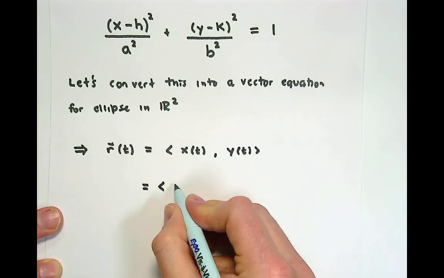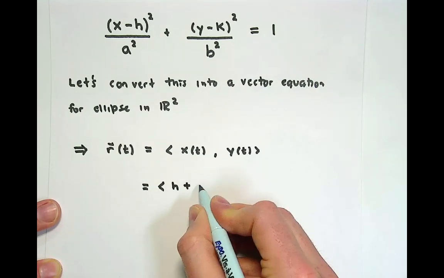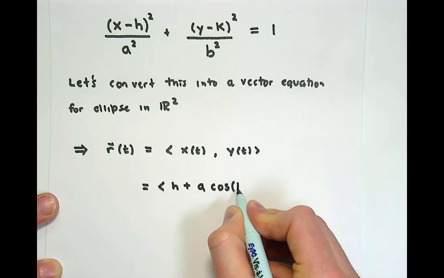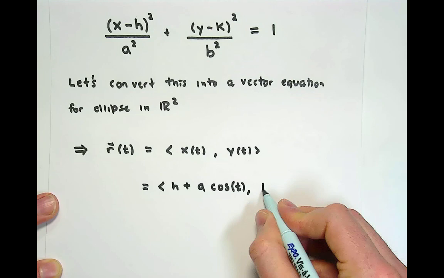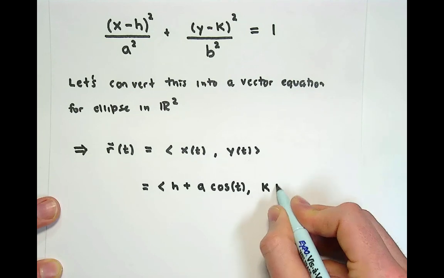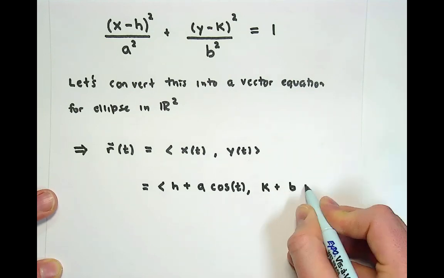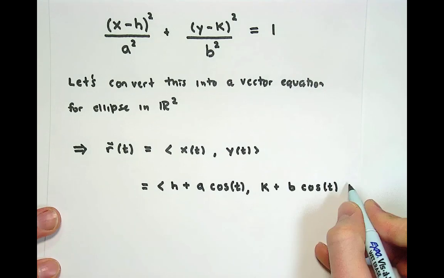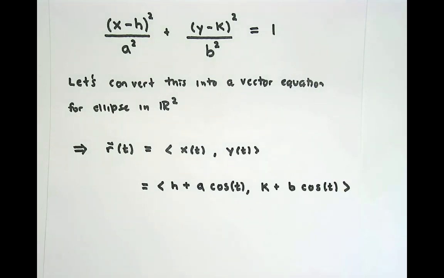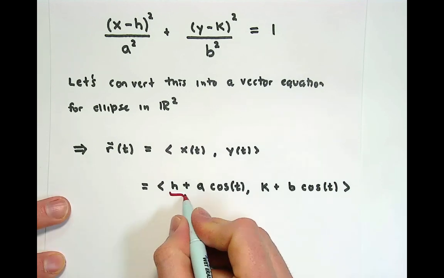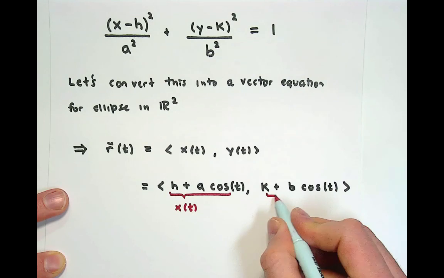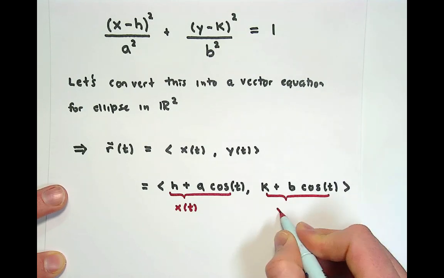And we will say that this is going to be h plus a cosine of t, where the y value would be k plus b sine of t. This is what we would call the x of t value. And this is what we would call the y of t value.